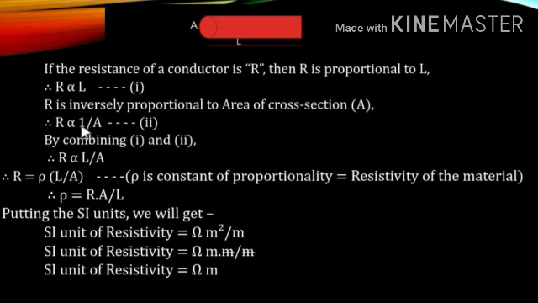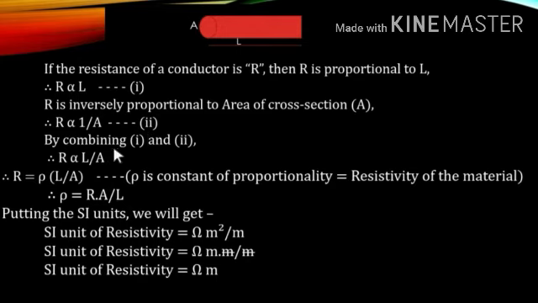That means if the area of cross section is smaller, the resistance will be larger. If this area of cross section, that means the width or breadth of the wire, increases, the resistance decreases. Here inverse proportion is there. This is the second relation.